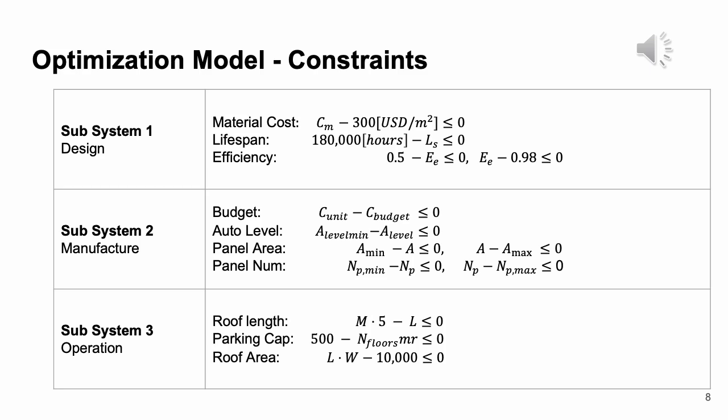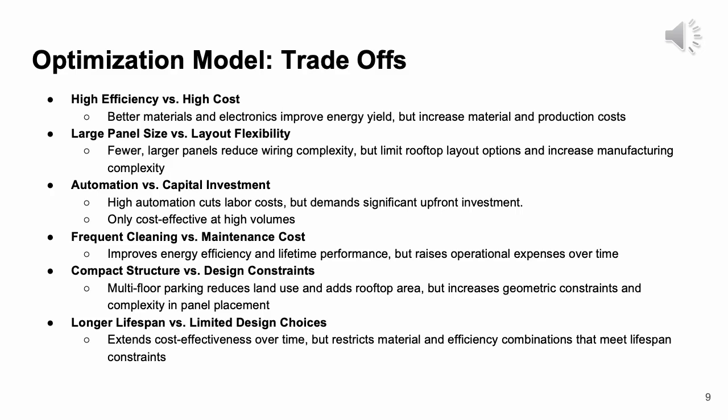In subsystem 3, the deployment model must meet geometric and operational constraints. The roof must fit the parking layout, support at least 500 parking spots, and stay within a maximum area of 10,000 square meters.